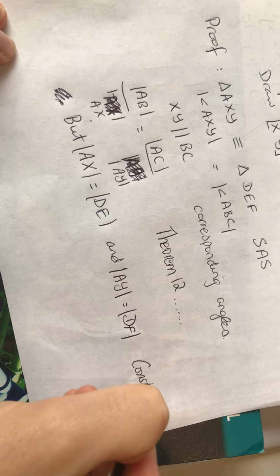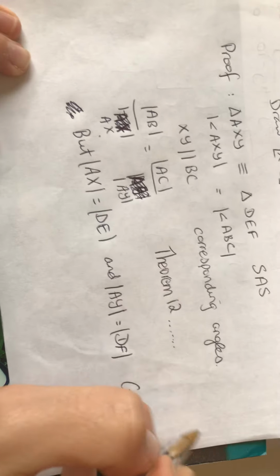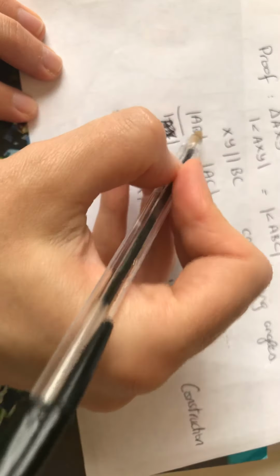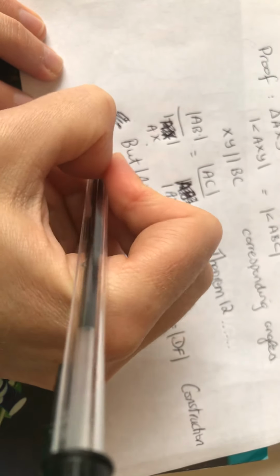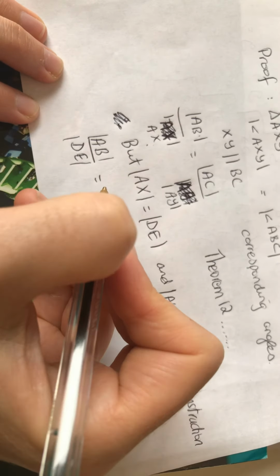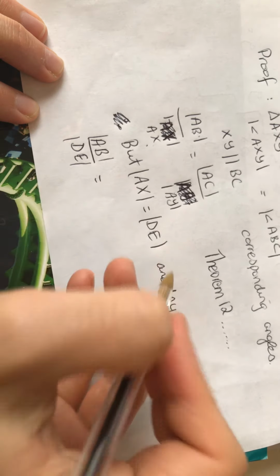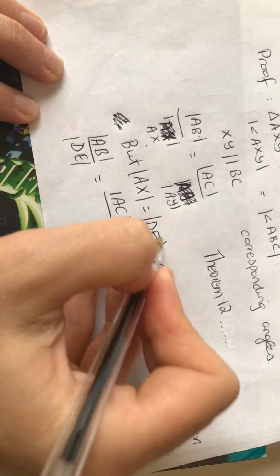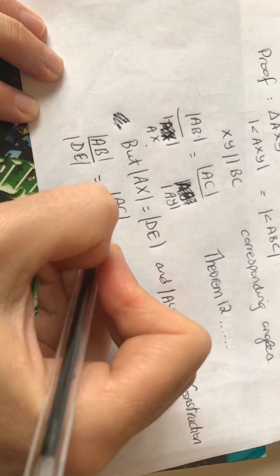We made them that way. So that just means that AB over AX, which is the same as AB over DE, is going to be the same as AC over DF.